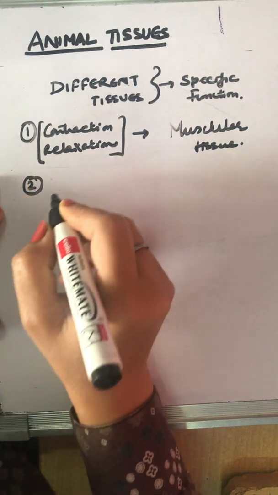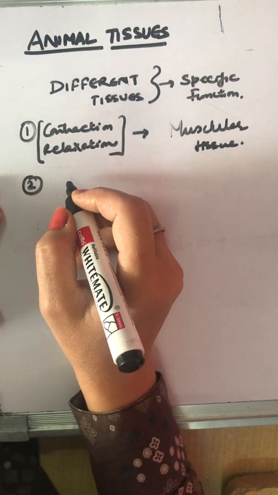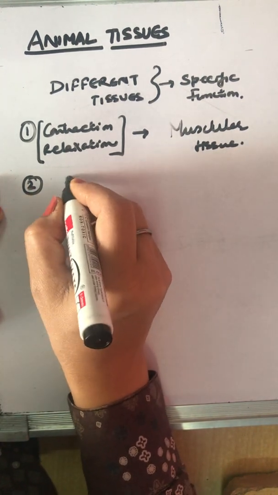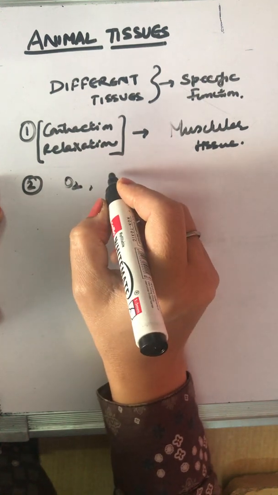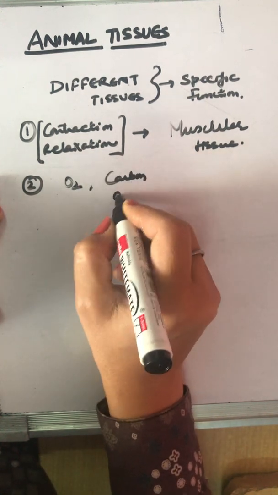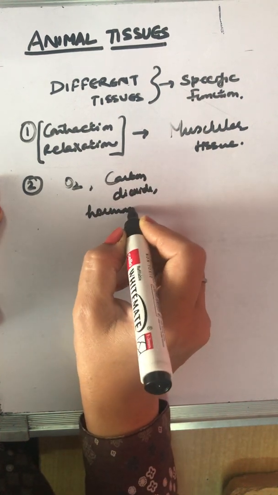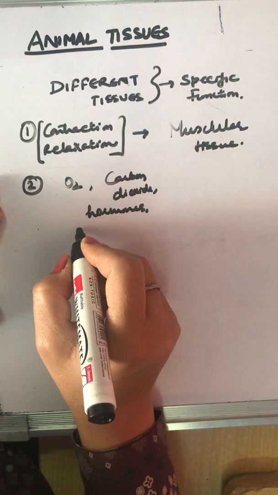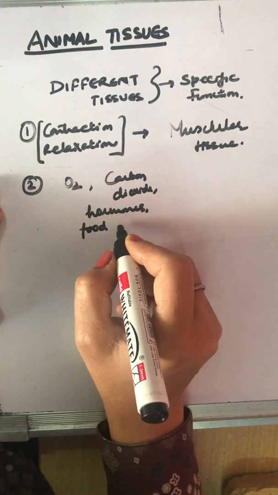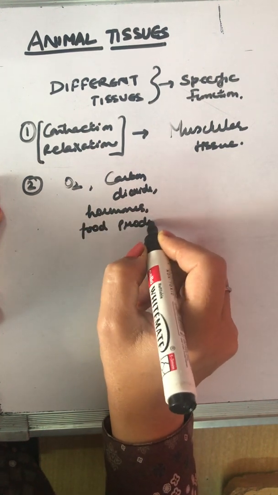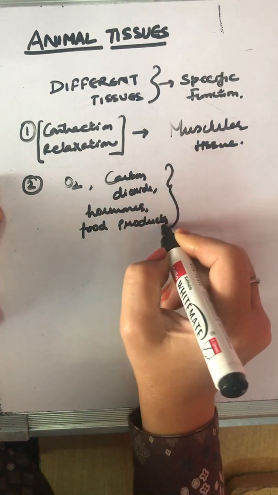Number 2, certain substances are being carried, like oxygen, carbon dioxide, certain hormones, and the food products which are absorbed. How are these carried from one place to another?